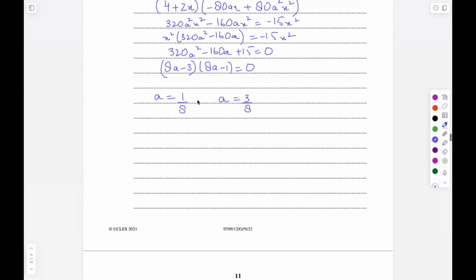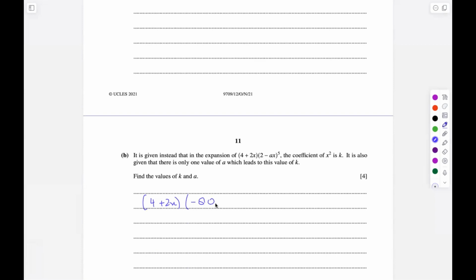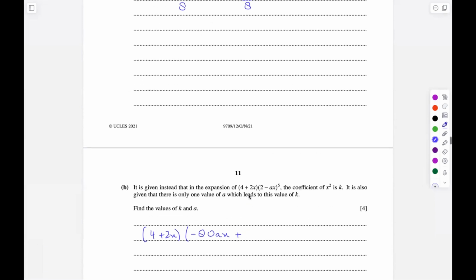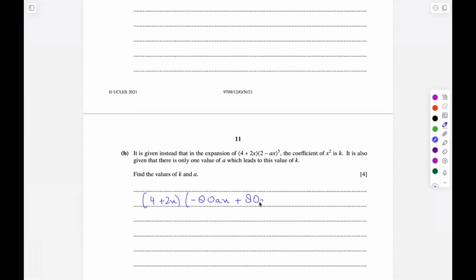The two terms were -80ax and the x squared term was 80a squared x squared. So multiplying the expressions, the coefficient in this case will be equal to k.